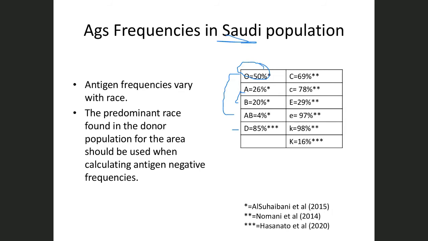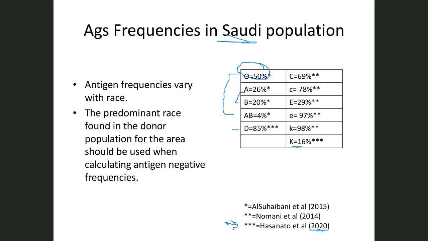Okay, so it's around 85. Big C, small c, so this is the frequency. A big K, we can see it's 16, so we just published, or it will be published inshallah recently, this information.